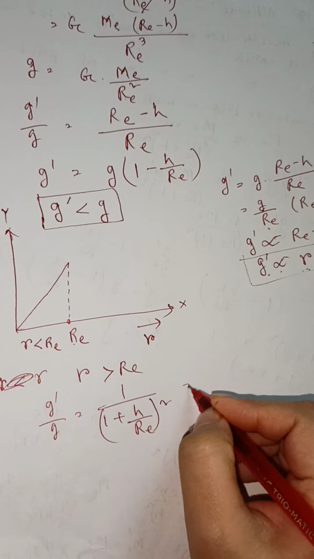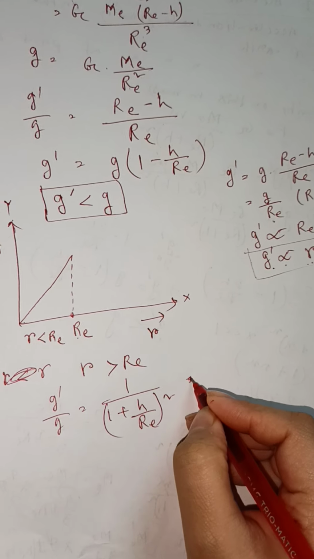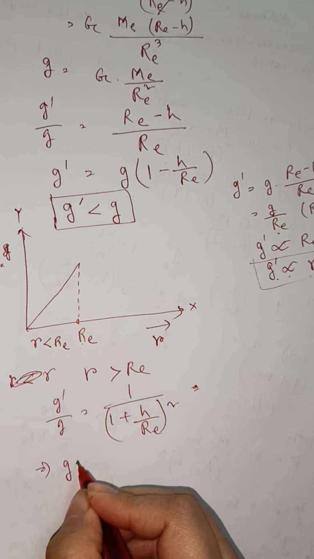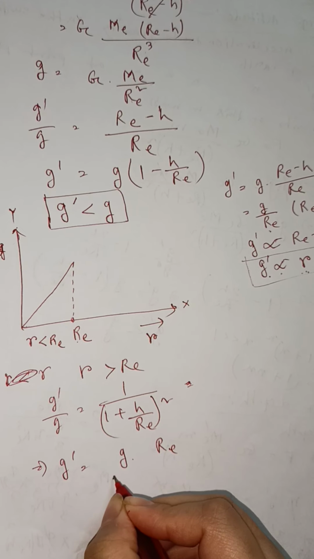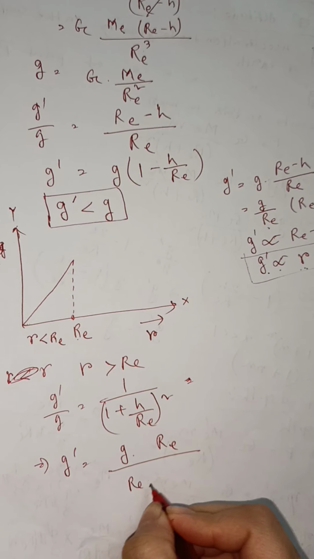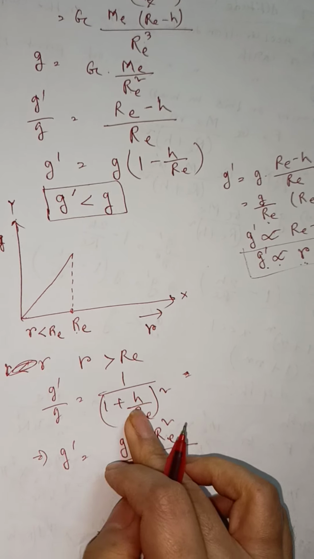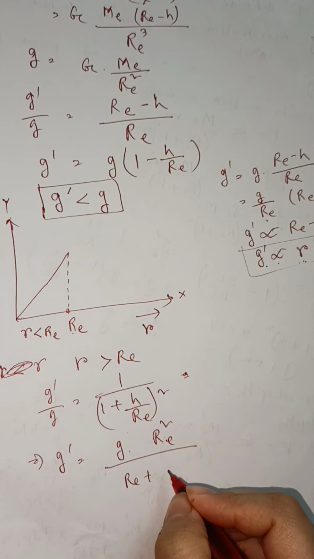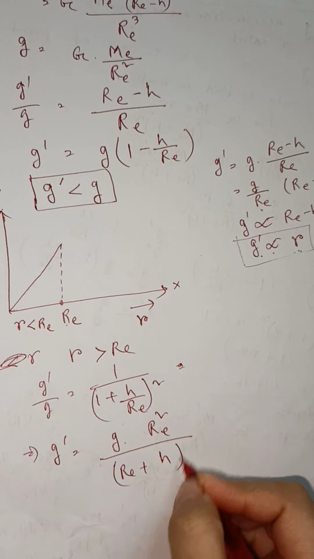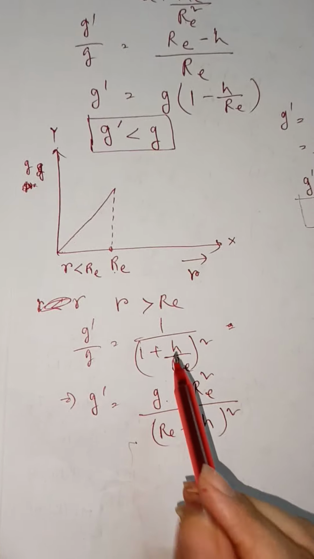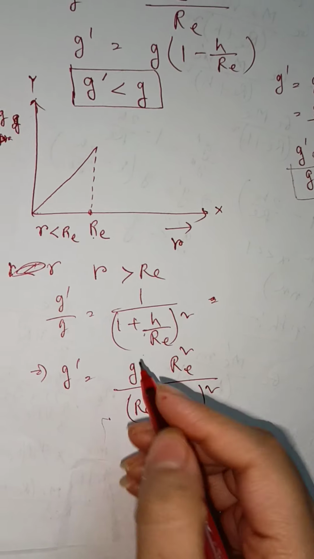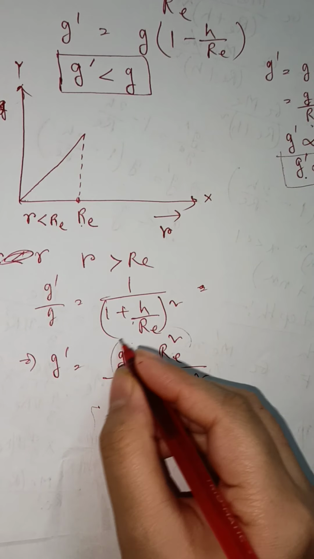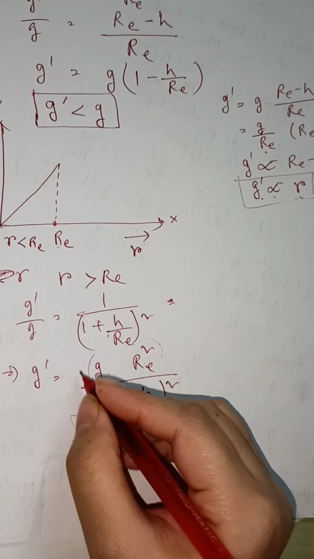So g dashed equals g into RE square by (RE plus h) whole square. If we solve this, we get this. Here this term is again constant.